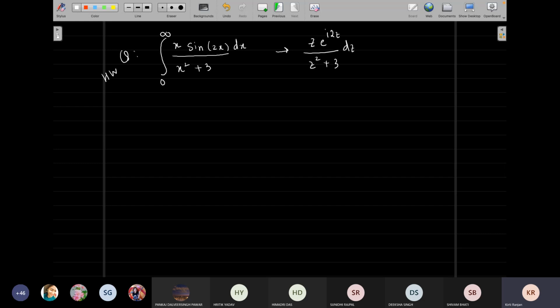So this is what you are going to solve using calculus of residues, and now you'll have to think about whether you are going to convert it to minus infinity to infinity, and then later do 1 over 2 of that, or what you are going to do. Please try to do it as a homework problem. Okay, questions till now?